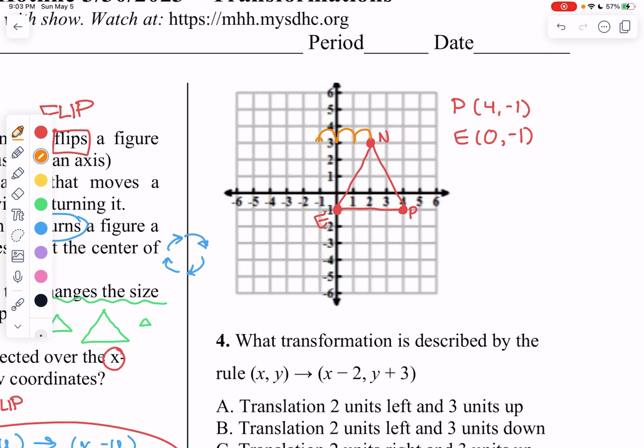So that's 3 units to the left. Right here is going to be N prime, okay? P, move it 1, 2, 3 units to the left. We got P prime. And then E, move it 1, 2, 3 units to the left. And we have E prime. Here is my triangle translated 3 units to the left, okay?